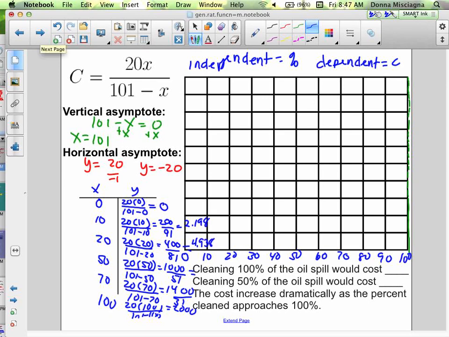And then 1,000 divided by 51. 19.608. And then 1,400 divided by 31. 45.161. Okay, 45.161.